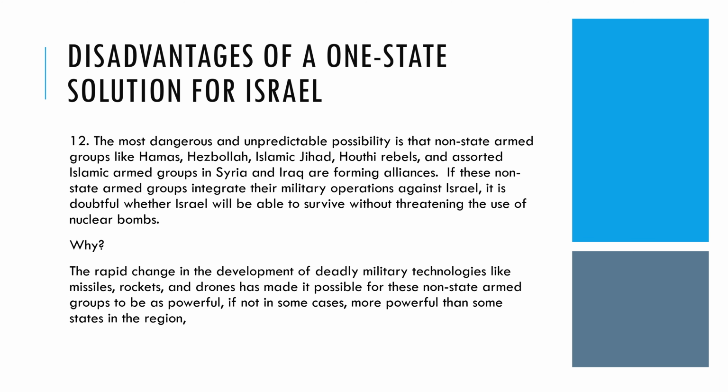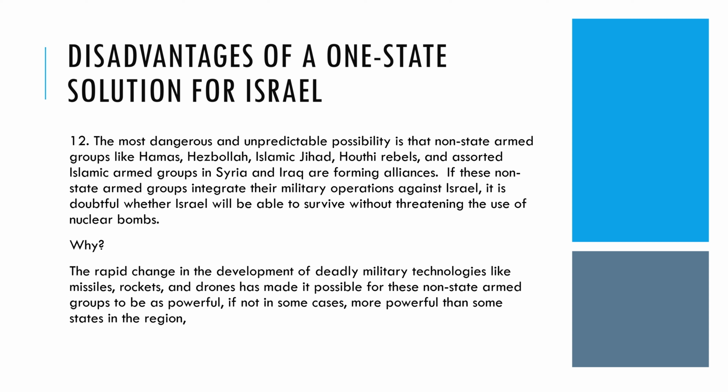12. The most dangerous and unpredictable possibility is that non-state armed groups like Hamas, Hezbollah, Islamic Jihad, Houthi rebels, and assorted Islamic and armed groups in Syria and Iraq are forming alliances. If these non-state armed groups integrate their military operations against Israel, it is doubtful whether Israel would be able to survive without threatening the use of nuclear bombs.